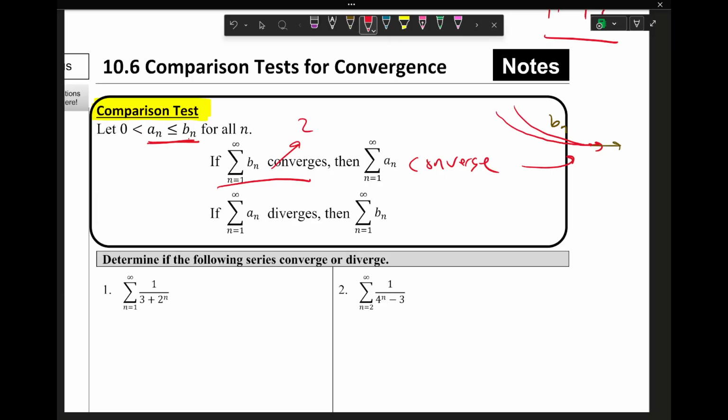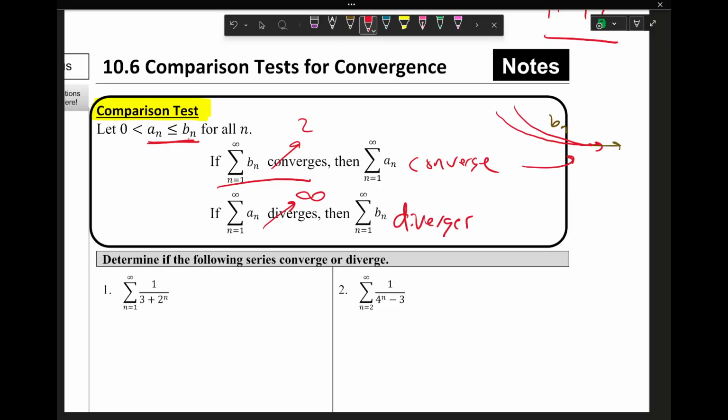Okay, but if a sub n diverges, meaning that it goes to infinity, or doesn't settle on a number, and b sub n is bigger, so it goes to a number bigger than infinity, then this one also diverges. Doesn't that make sense? If this goes to infinity and this is bigger than this, then this has to go to infinity also. If this converges and this is smaller than it, then it also has to converge.